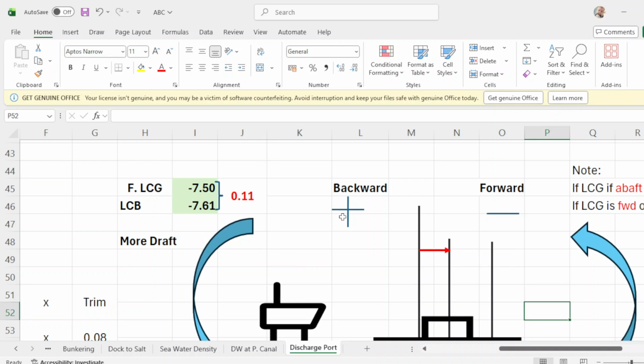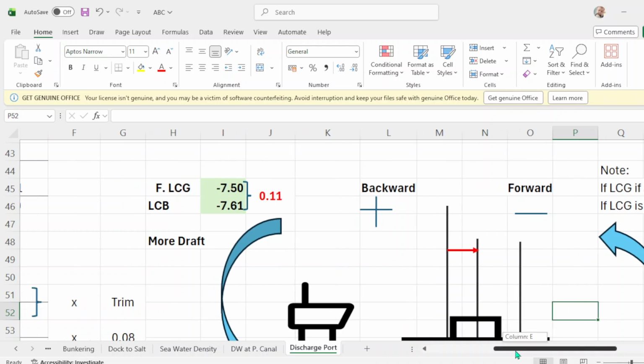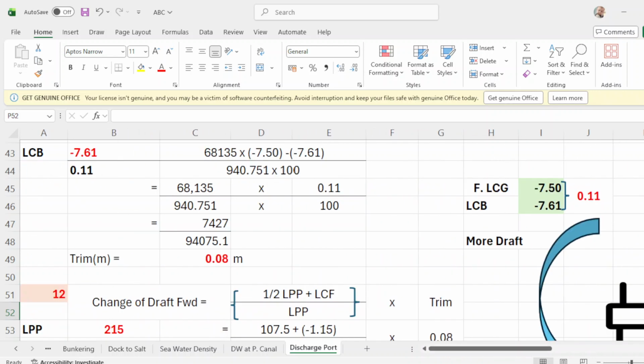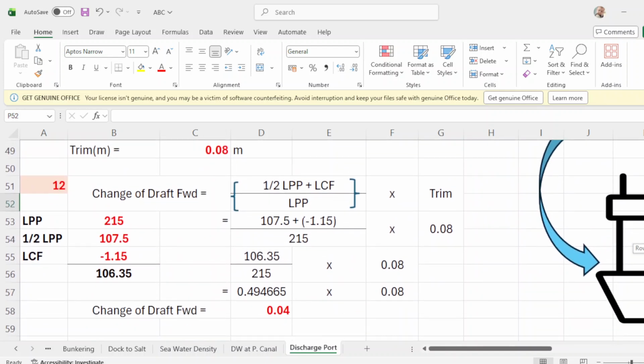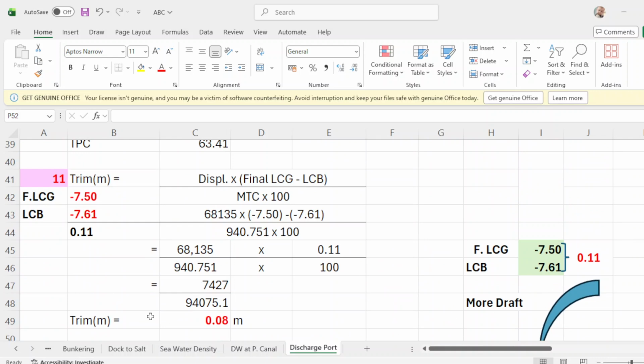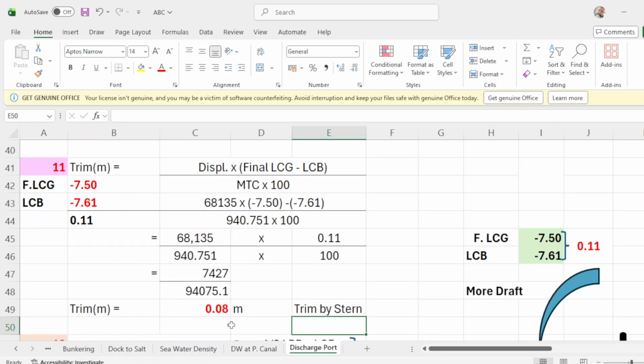Since your trim is positive, meaning you are trimmed by the stern, the back part of your amidship. That's why when it is positive, you are trimmed by the stern. Okay, because it's positive.